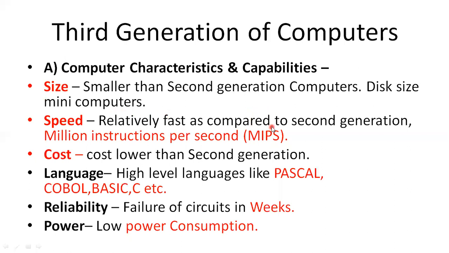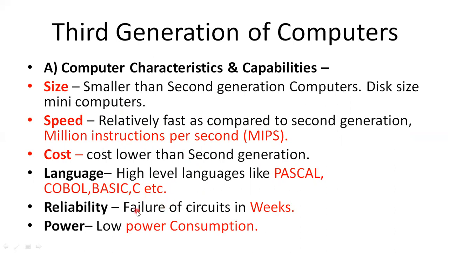Speed compared to the second generation is higher, in millions. Previously the second generation was 1,000 instructions, the first generation 100 instructions, but here it is million instructions per second. The cost is lower than the second generation. The languages you use are Pascal, COBOL, and then C was also introduced.